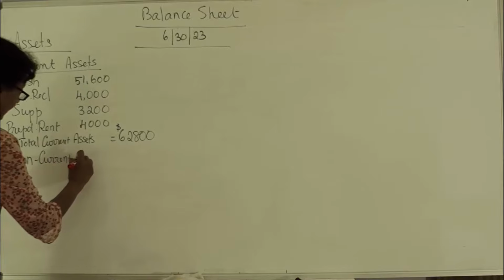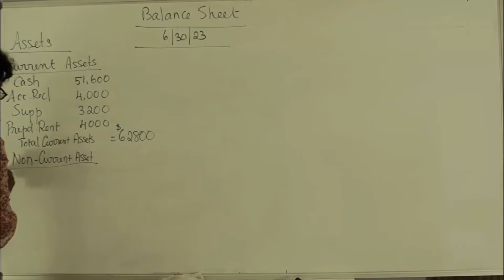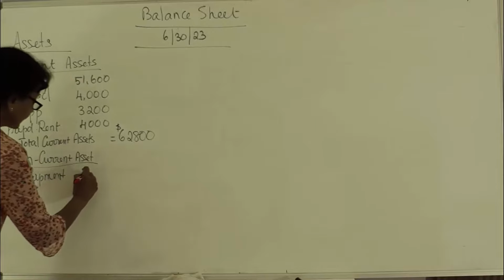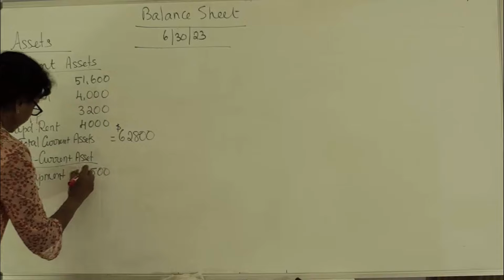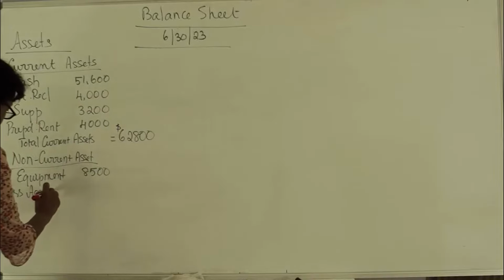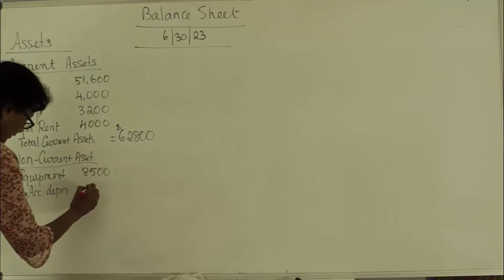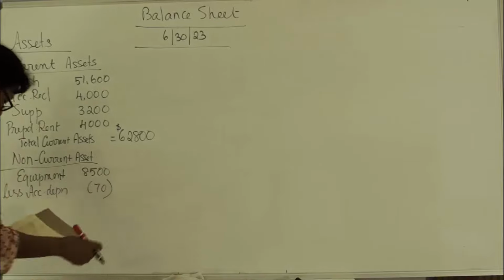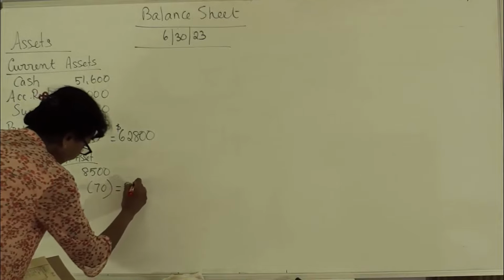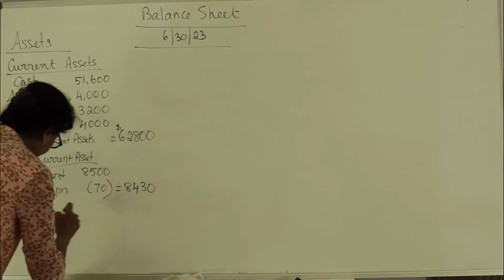non-current asset. You have equipment, 8,500, less your accumulated depreciation 70. So that gives you 8,430.